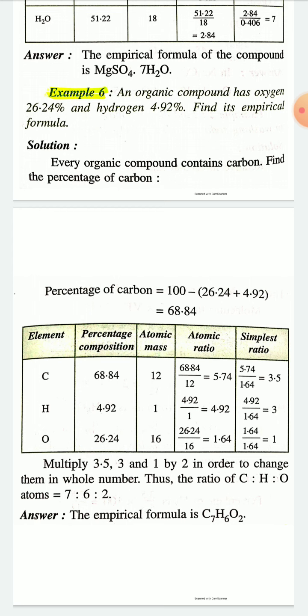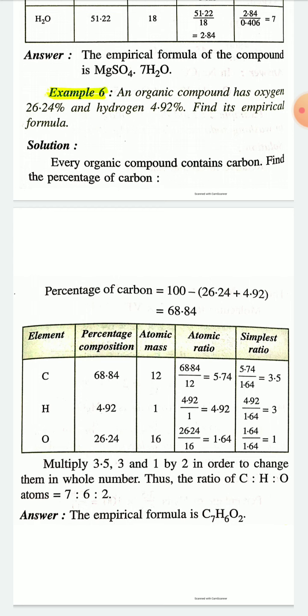And atomic ratio of hydrogen is 4.92 divided by 1, that is 4.92. And in case of oxygen, atomic ratio is 26.24 divided by 16. Okay, that is 1.64.